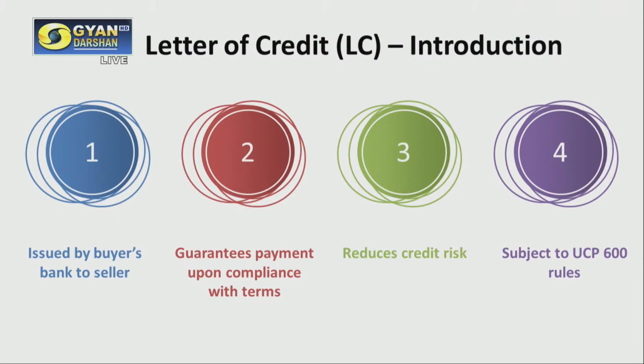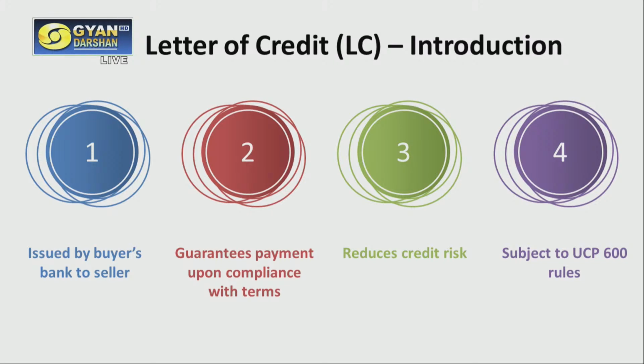Now let us see what is letter of credit. Letter of credit, which I have already discussed, is the most suitable form of instrument used in international trade. It is issued by the buyer's bank to the seller. Number two, it guarantees payment upon compliance with the terms and conditions, and it reduces credit risk.